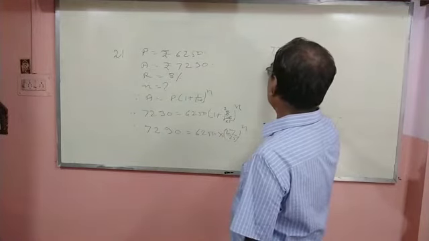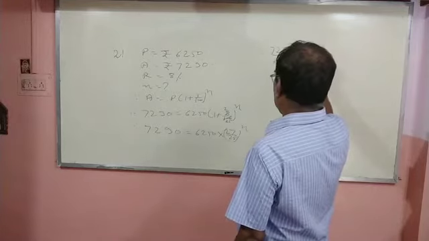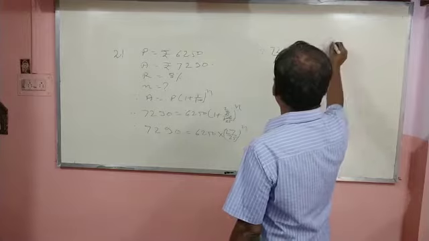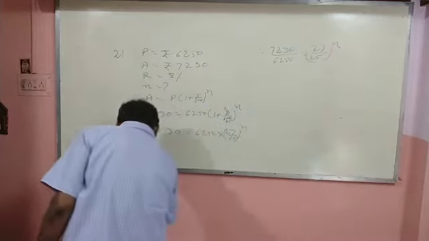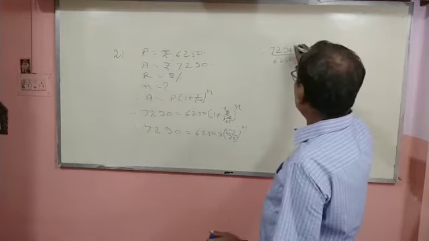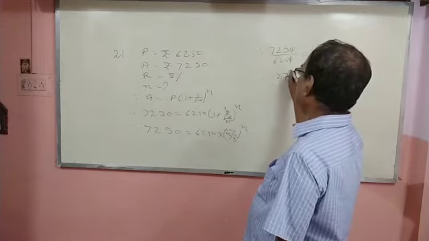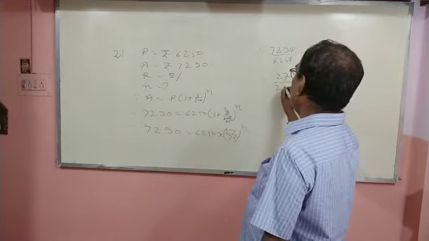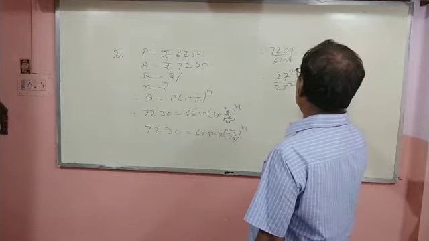By cross multiplication, 7290 by 6250 is equal to 27 by 25 whole power n. The zeros will be cancelled. I feel 729 is 27 square and 625 is 25 square, equal to 27 by 25 whole power n.